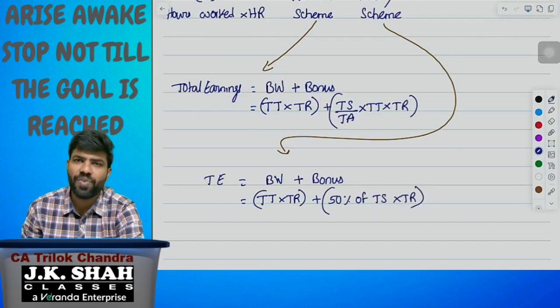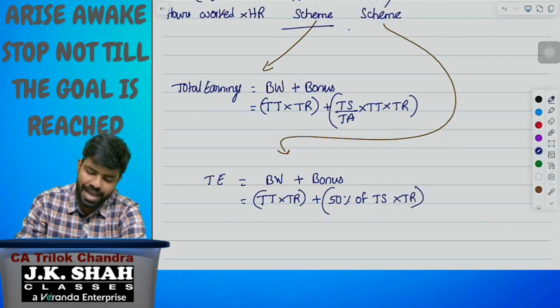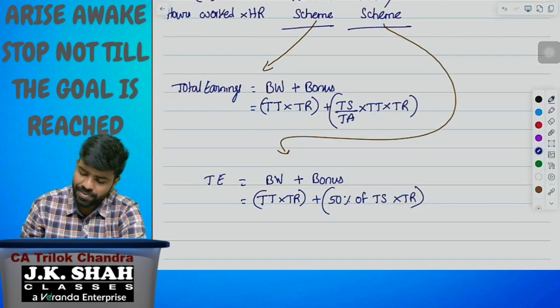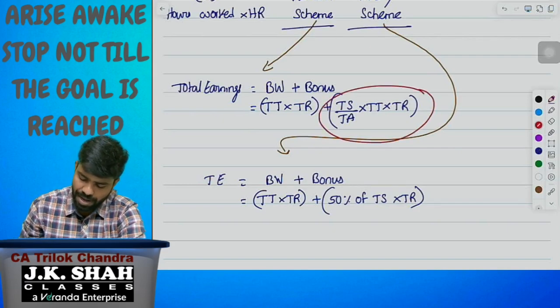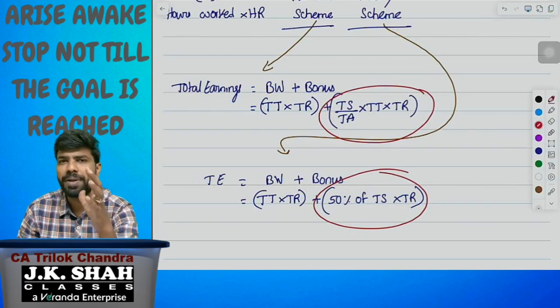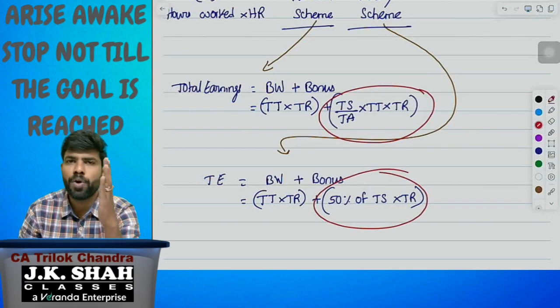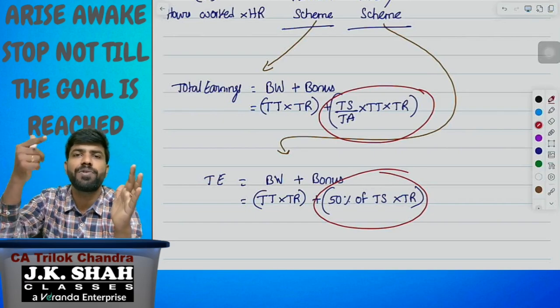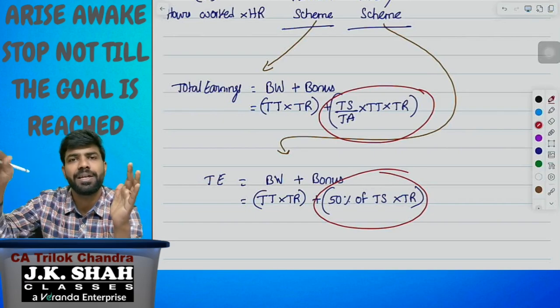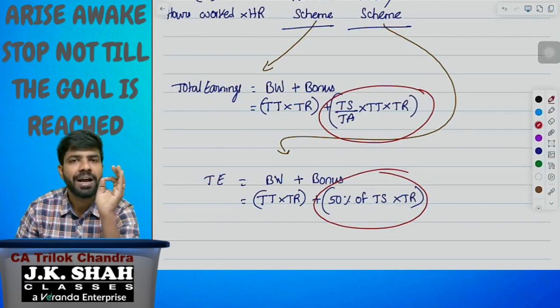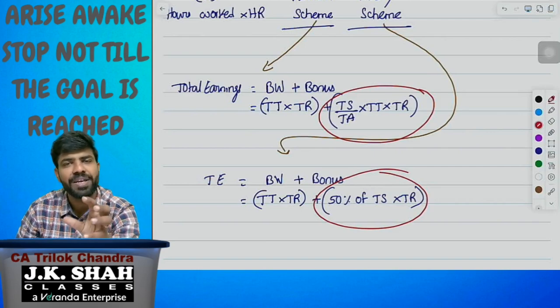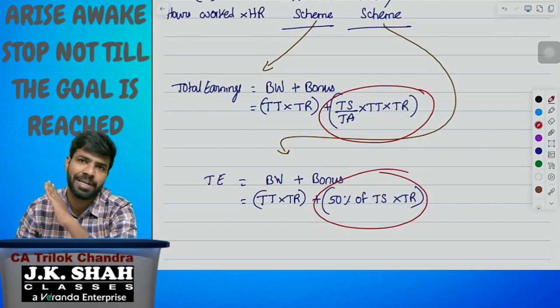If you look at these two formulas, Rowan and Halsey, the only difference is the bonus formula. What we need to remember is the bonus formula. Bonus according to Rowan is proportion of time saved to time allowed into time taken into time rate. According to Halsey, it is 50% of the time saved, straight away flat rate. 50% of the time saved into time rate.